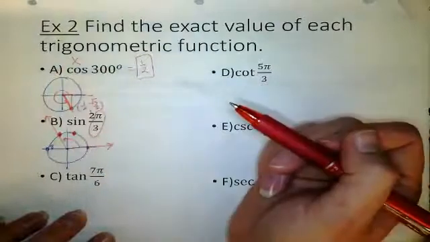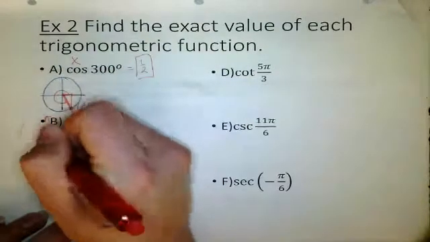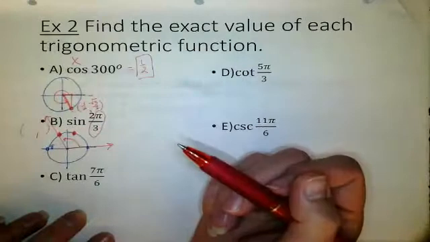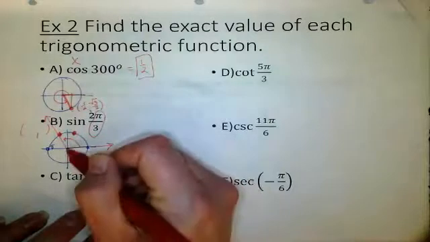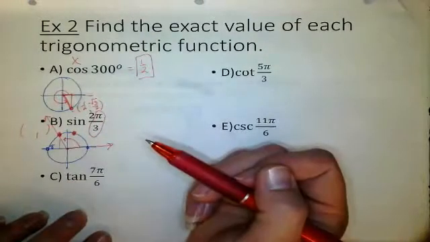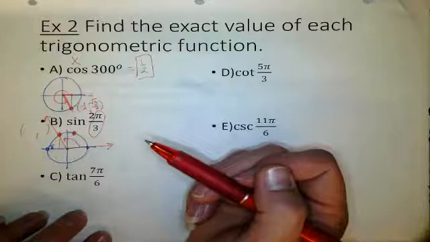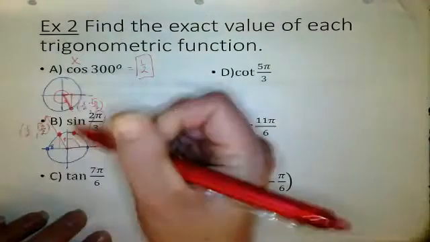Can you see the short leg and long leg? If you drop the altitude, negative 1/2, radical 3 over 2.